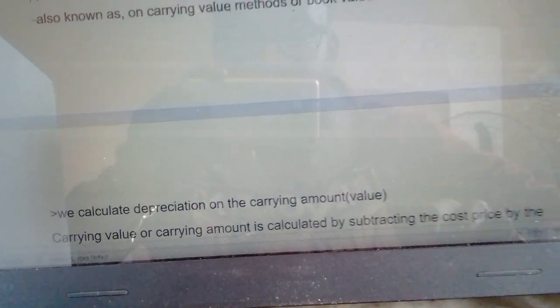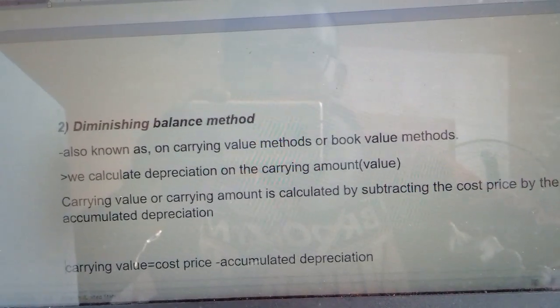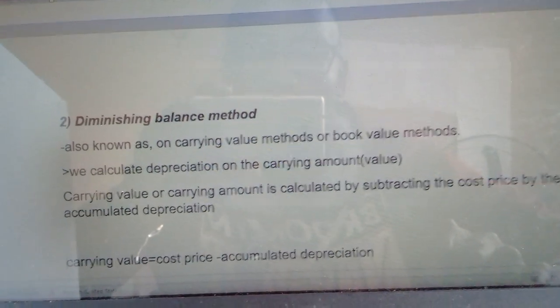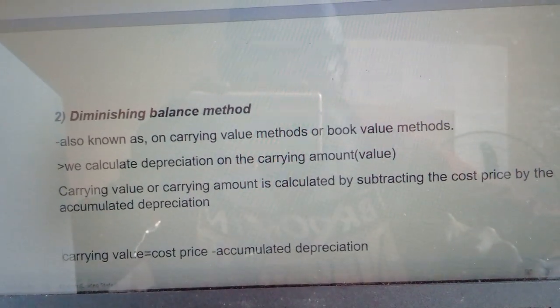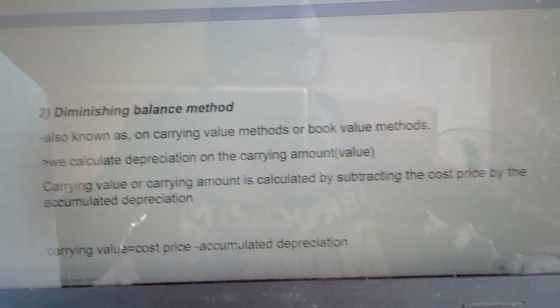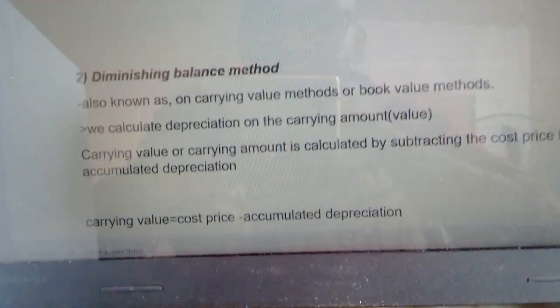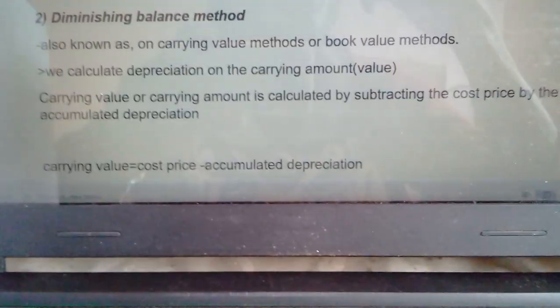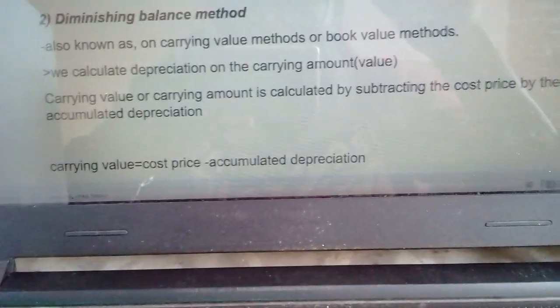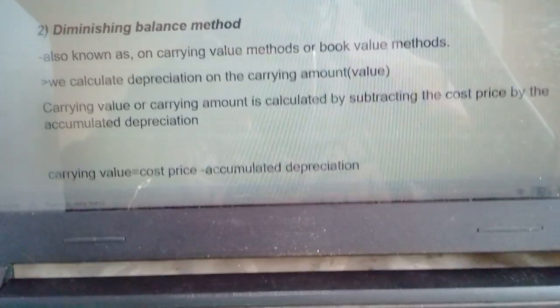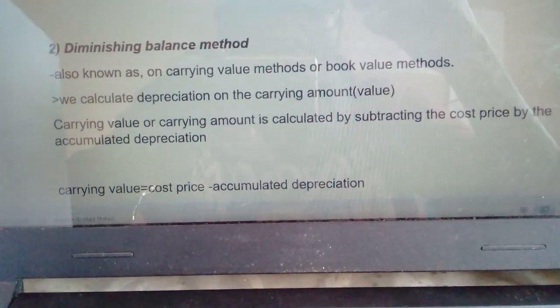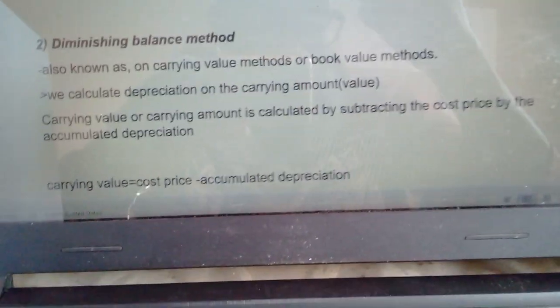Now let's look at depreciation using the diminishing balance method. The second method, diminishing balance method, is also called the carrying value method or book value method. We calculate depreciation on the carrying value of the asset, and the carrying value or carrying amount is calculated by subtracting the accumulated depreciation from the cost price.